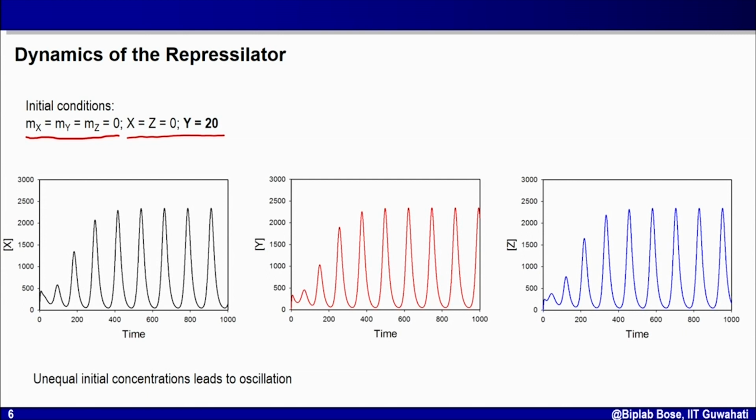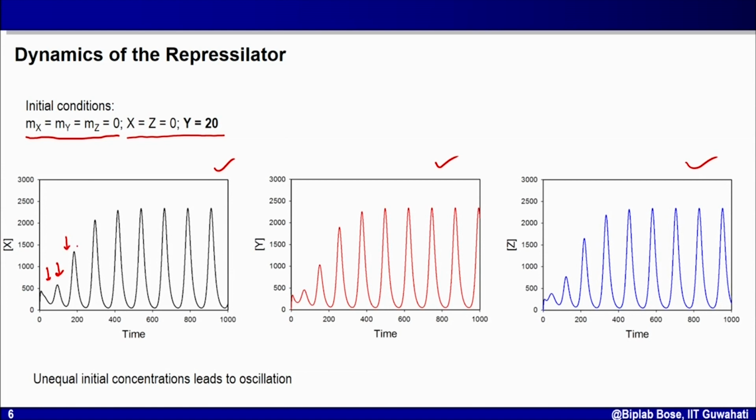Now if you simulate the thing, you can see an interesting behavior. Here x, y and z do not reach a steady state, rather they show oscillation. And the oscillation also has some interesting features. Initially, if you look at near 0 to 200, the amplitude of oscillation is smaller.